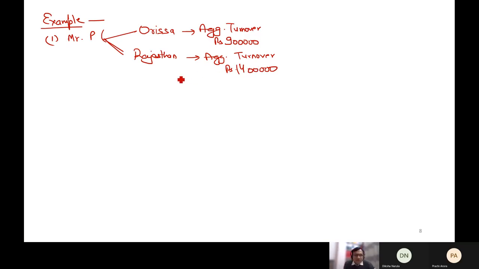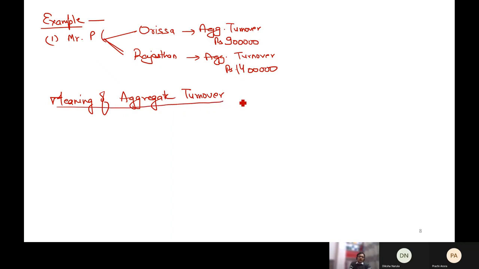Now, before discussing this, do you remember the meaning of aggregate turnover? When I was discussing the composition levy scheme, at that time also we required aggregate turnover. But just because the aggregate turnover word is there, it does not mean that the same definition will be applicable for each and every concept.